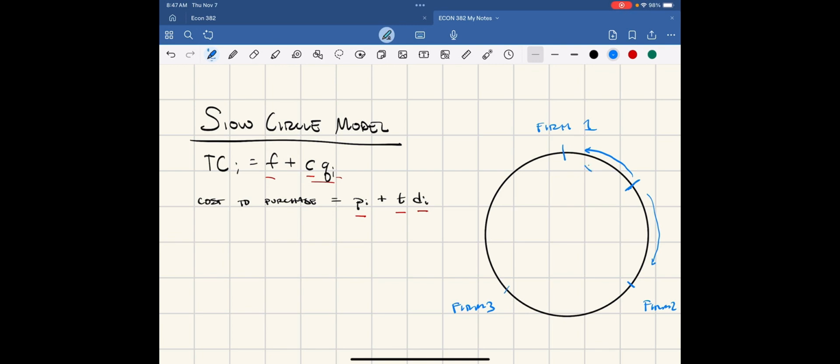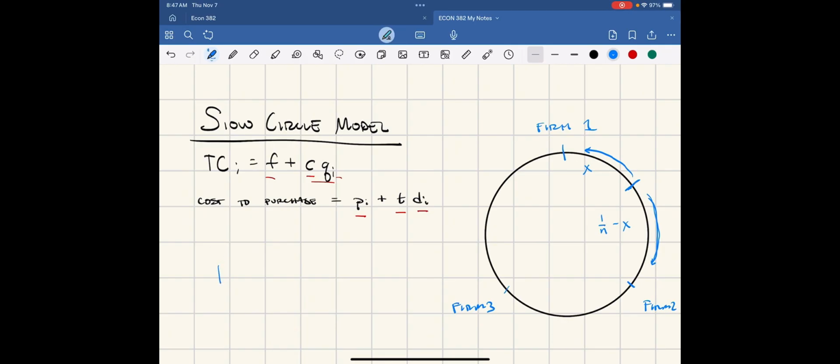So we can define this distance as x. And if the circumference of the circle is normalized to be 1, then this distance here is going to be 1 over n minus x. Meaning that if there are three firms, we look at a third of the distance, because they're all equidistant, minus x. So this is how we define our indifference point.